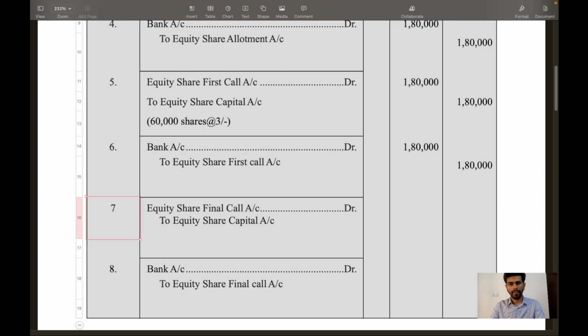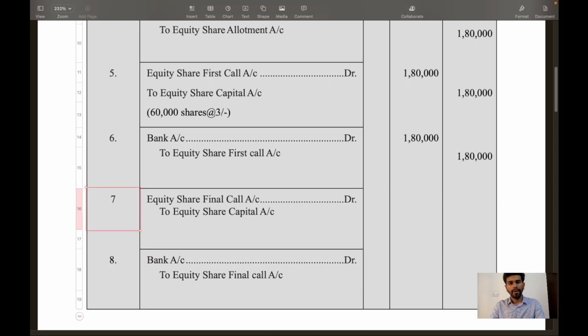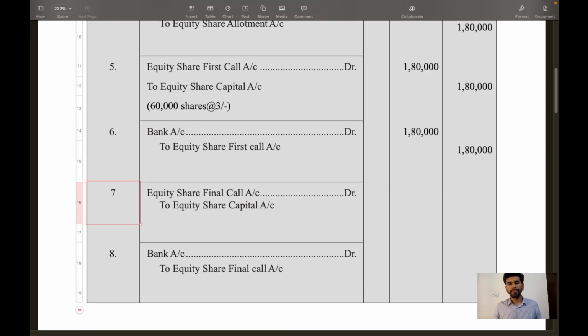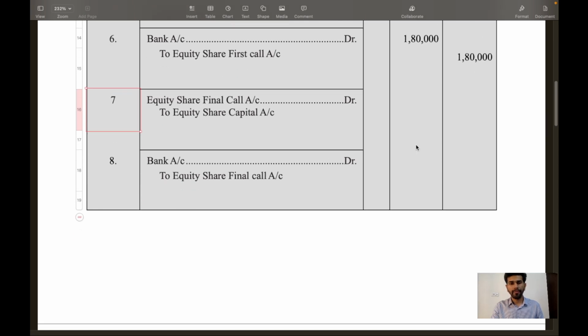And finally, the final call money due entry will be equity share final call account debit to equity share capital account on 60,000 shares at the rate of 2 rupees each.